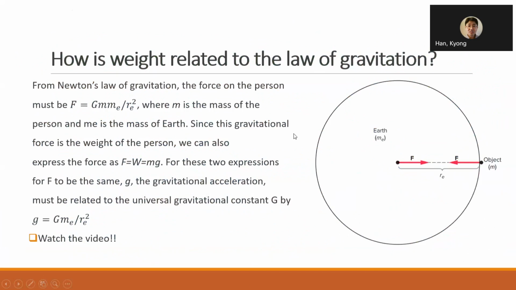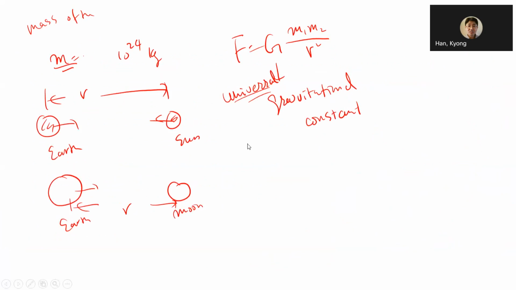And here is how weight is related to the law of gravitation. We can think about this one. Newton's law of gravitation, the force on a person must be G M E, like that. Weight is just the gravity force.